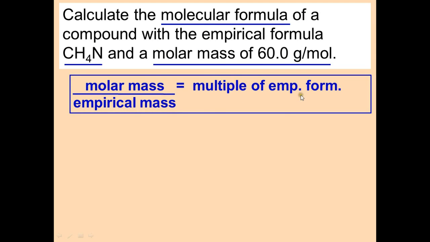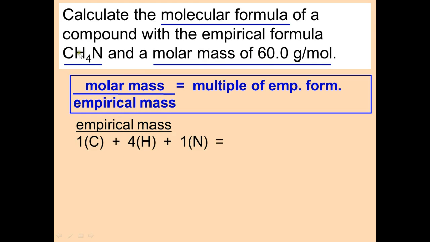This gives you the multiplier. First, we have to sort out our information. The molar mass of the molecular formula goes on top, but we have to calculate the empirical mass, and we get that by counting the number of atoms.